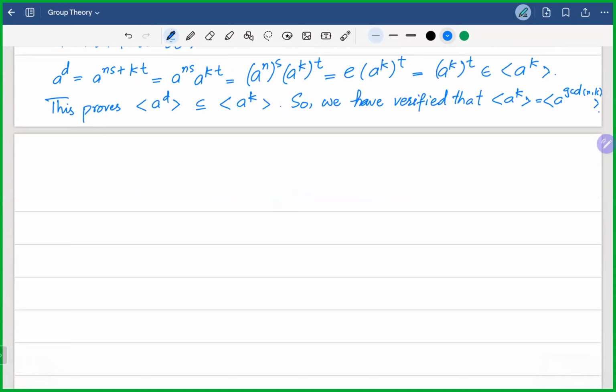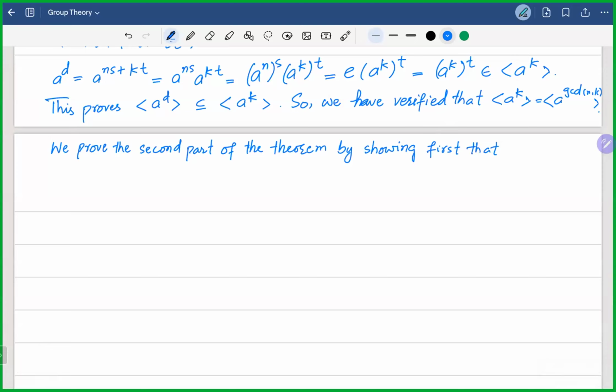Then we prove the second part of the theorem by showing first that the order of a power d is equal to n quotient d for any divisor d of n, right?